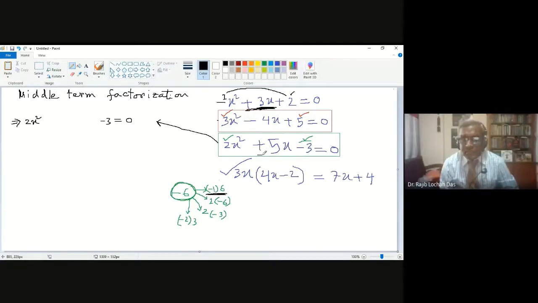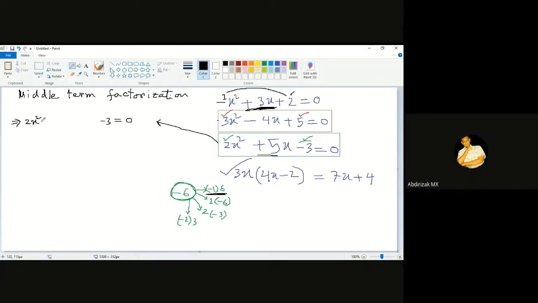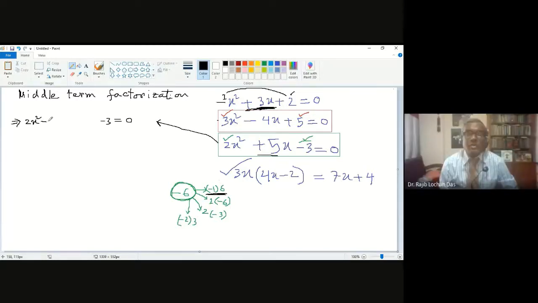This is plus 5, so minus 1 plus 6. Do you understand the combination? Yes, sir. So you will write minus 1x plus 6x, and then it will work.